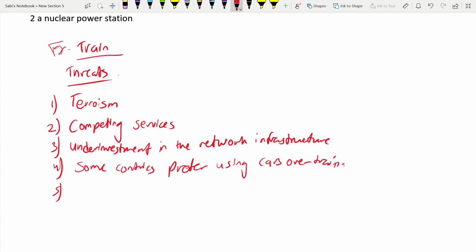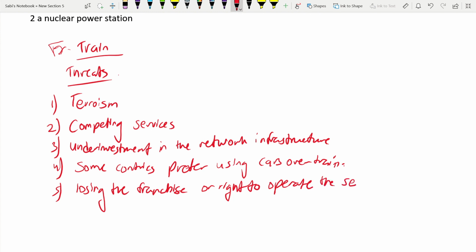So that could be our threat, especially if you are a public private company giving the service.